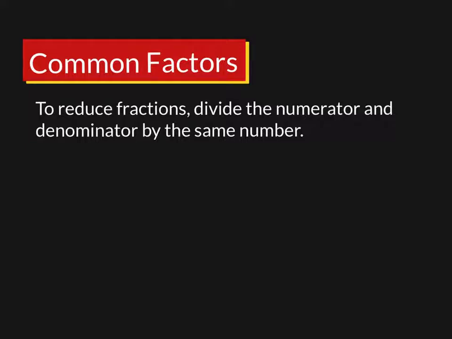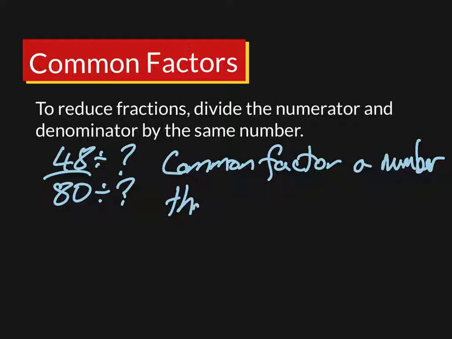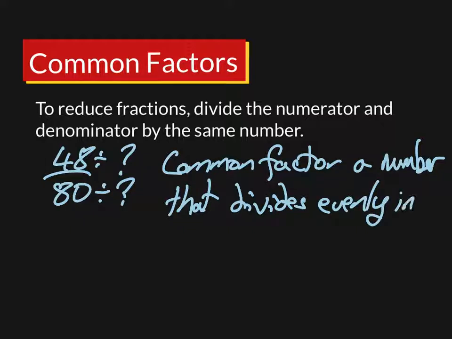So in order to reduce fractions like 48/80, we're going to divide the number on top, the numerator, and the denominator by the same number. And that number is called a common factor, which is a number that divides evenly into both.